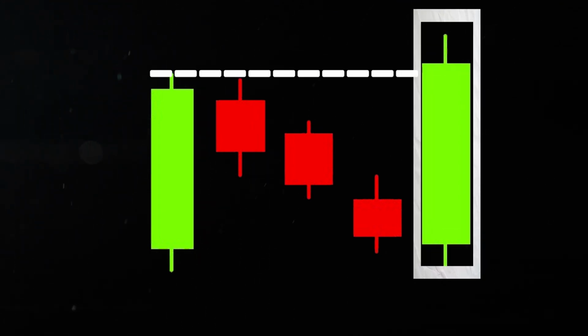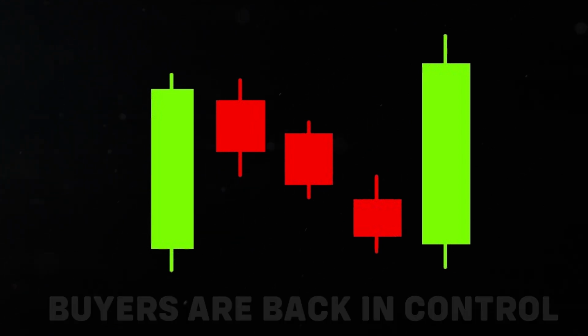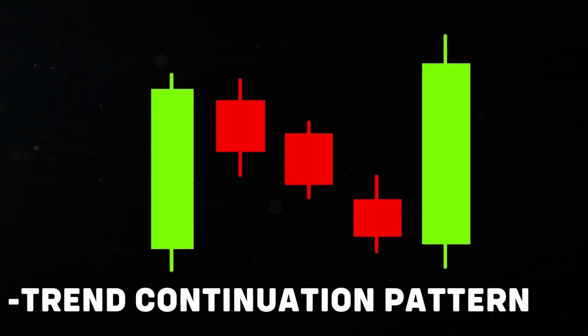But importantly, these candles stay within the range of the first bullish candle. Finally, a big bullish candle forms that closes above the high of the first candle, clearly signaling that the buyers are back in control. This is a trend continuation pattern, not a reversal. It tells us the uptrend is likely to resume.